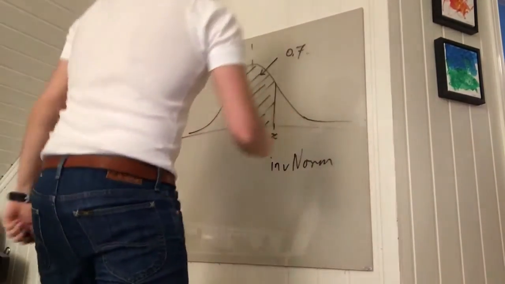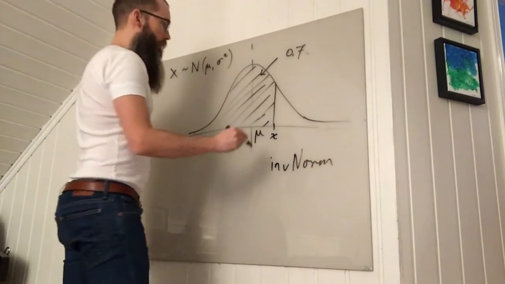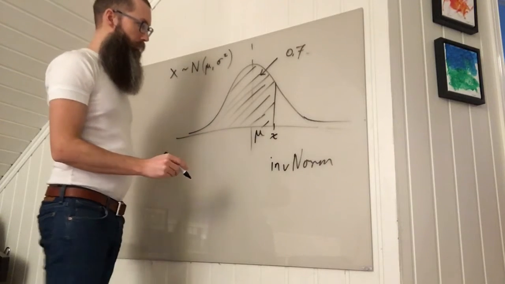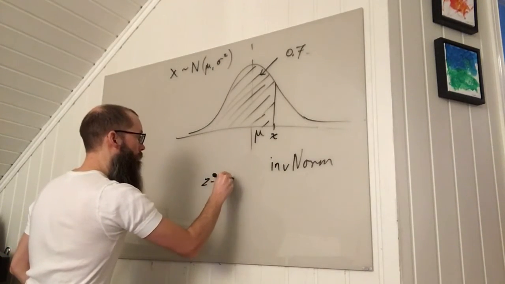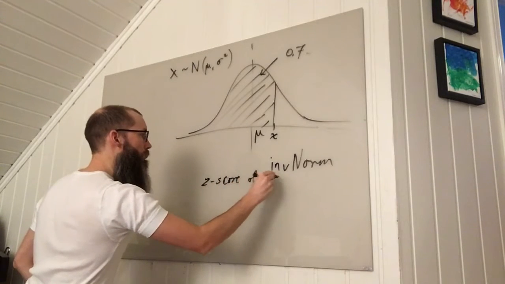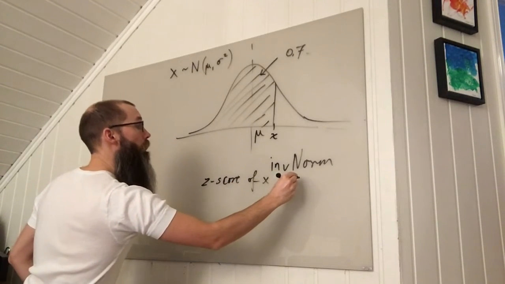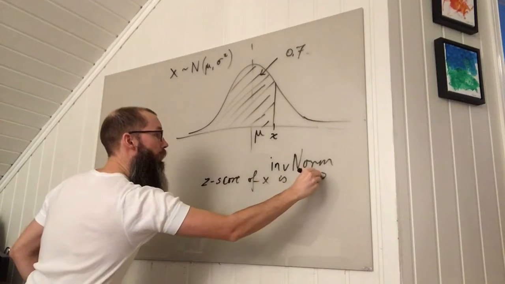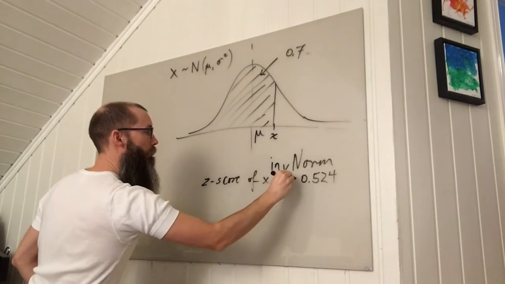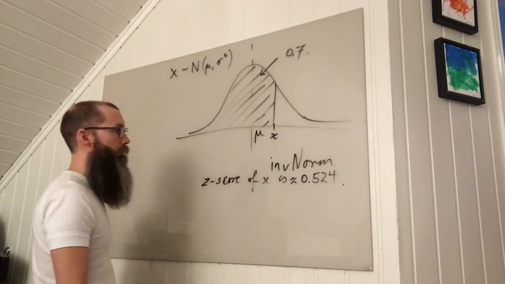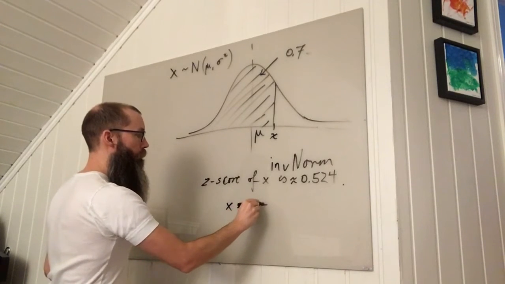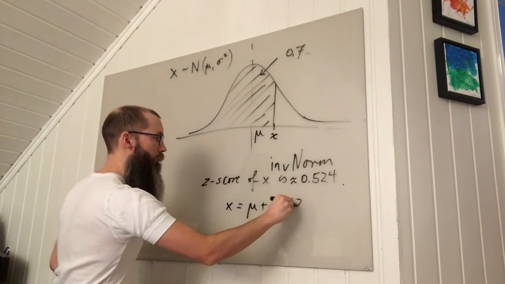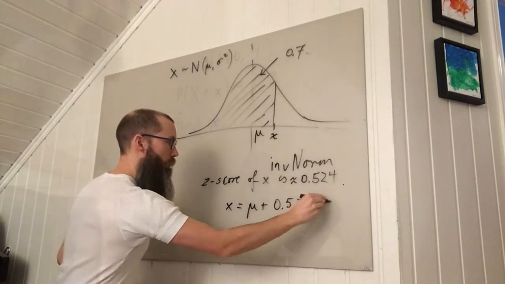So that number gives the z-score of x. So the z-score of x is 0.524 approximately. That means that x is mu plus 0.524 sigma.